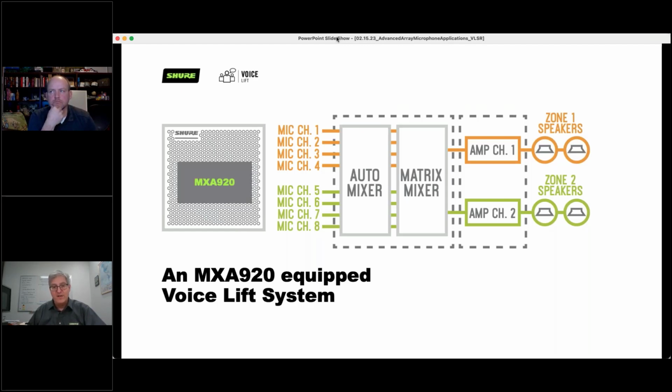Then from there, they go into the matrix mixer, which is controlling the routing so that we know which ones go to which loudspeaker channels. In this case, we've got 2 amplifier channels for our 2 zones, and the audio goes to each zone accordingly. So with an MXA 920, you could do it with one mic, you could do it with multiple mics. It's pretty easy to make it happen.